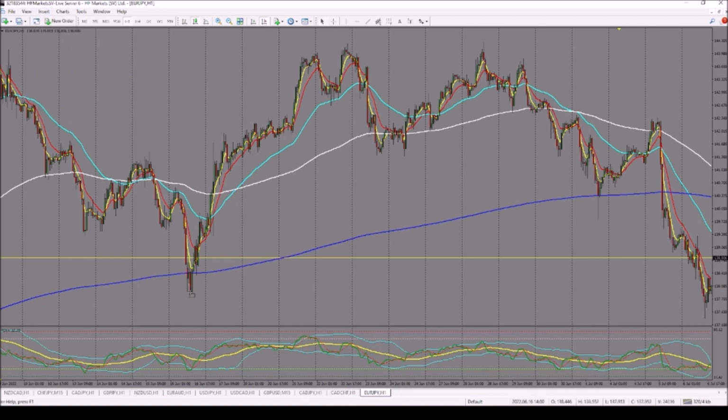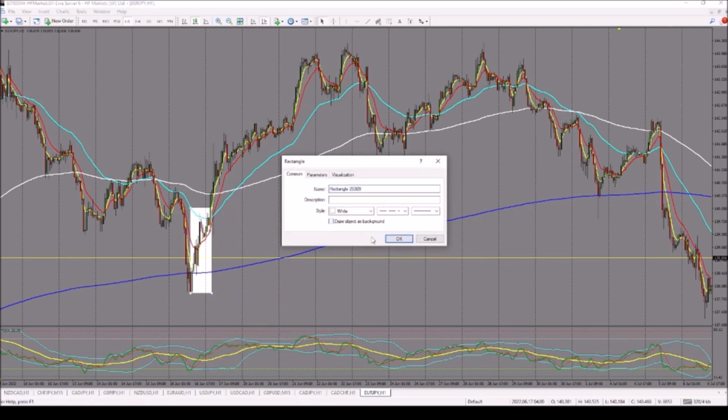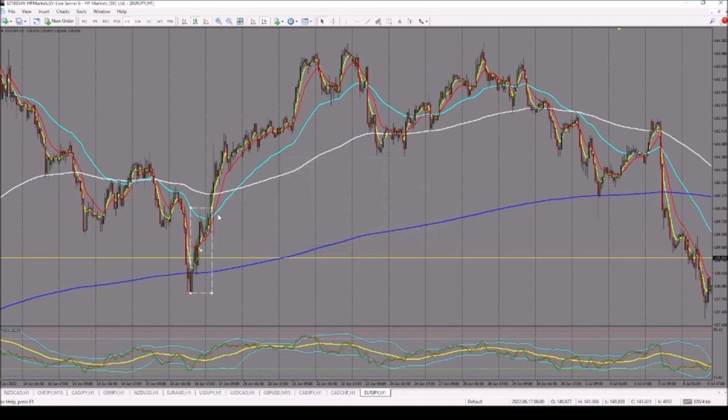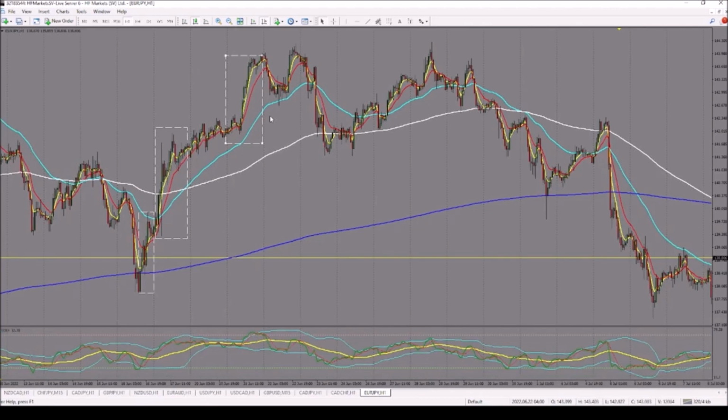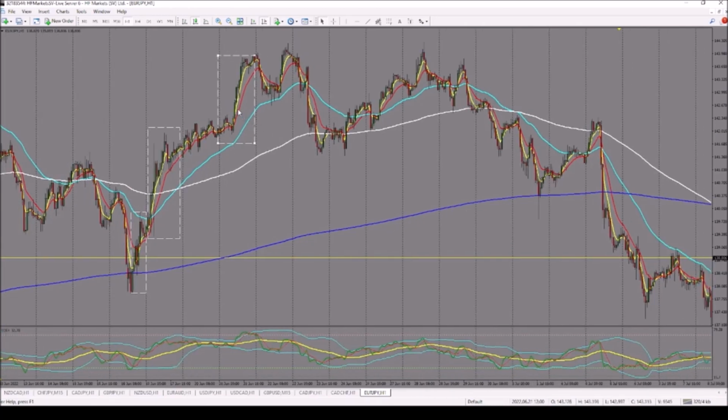In this case, we can see we had level 1, which was the first impulsive rise, the second impulsive rise, and some consolidation, and we had the last impulsive rise. So this was a peak formation high that was determined from the higher time frames.